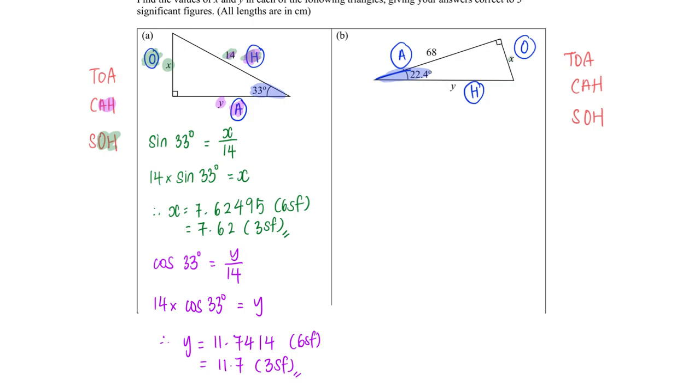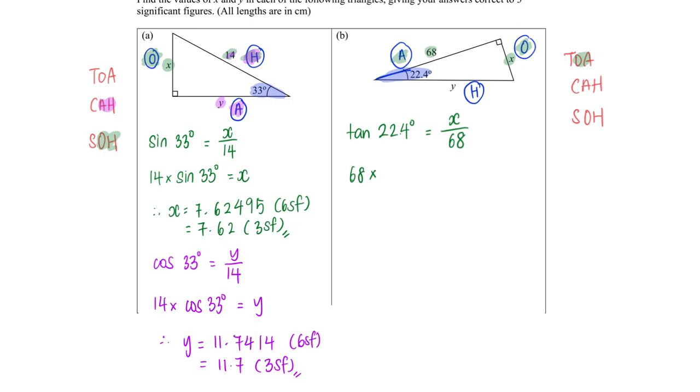So to find my letter X, which is O, I'm going to tap on O and A, tangent ratio. So tangent 22.4 degrees will be equals to opposite X over adjacent 68.